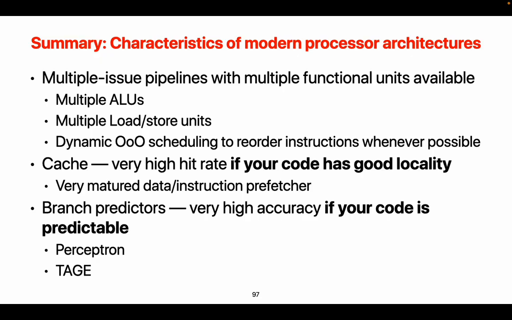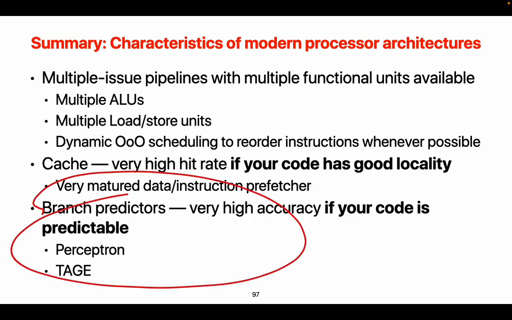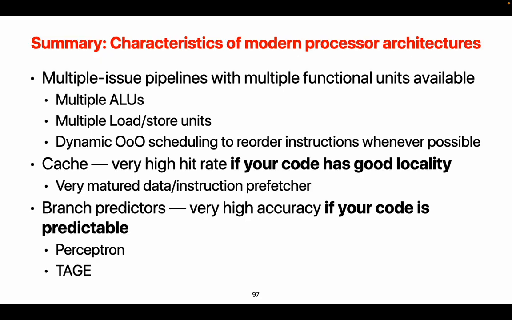And another key is that we have high accuracy branch predictors nowadays. In the next lecture, which is next Tuesday, I'm going to show you, based on these modern processor characteristics, how we are going to optimize our code as programmers.